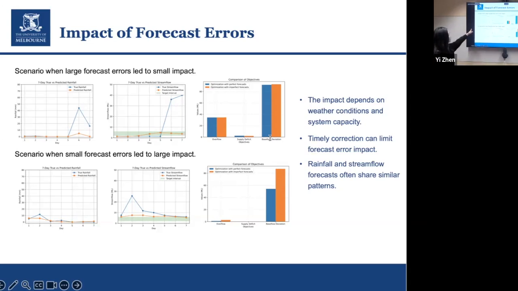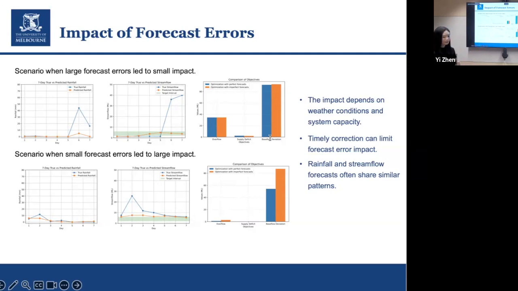And we can see from this graph that we have a large rainfall on day 6. It's like 45 millimeters. And the forecast managed to predict that there is rainfall on day 6, but it largely underestimates its magnitude. This underestimation also led to an underestimation in the streamflow forecast.